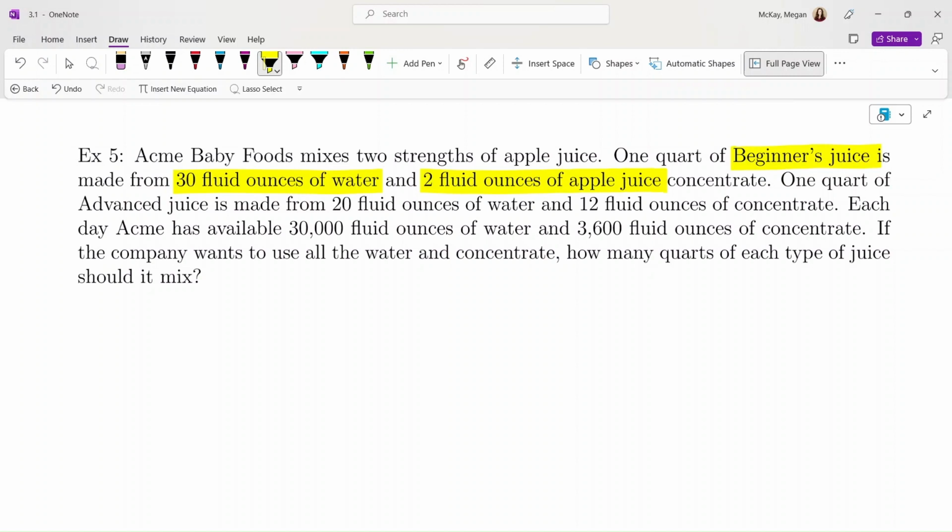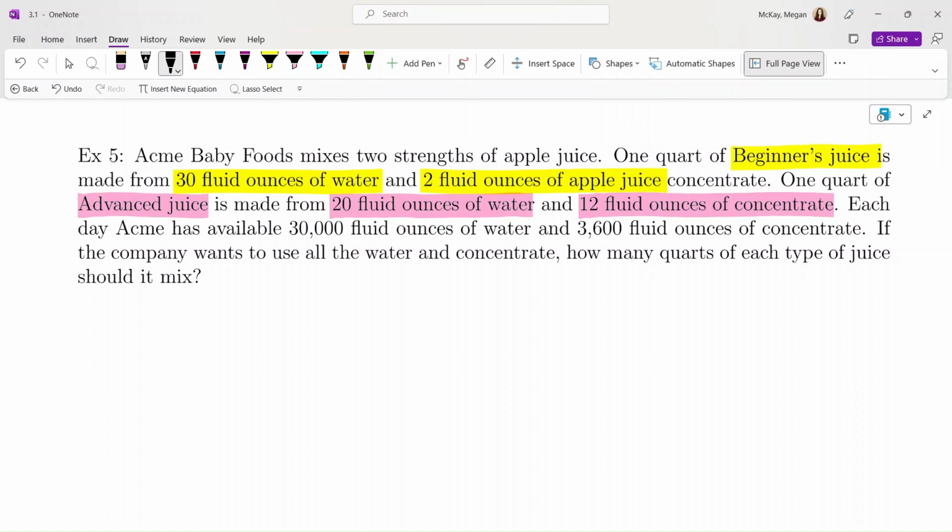And then 1 quart of advanced juice is made from 20 fluid ounces of water and 12 fluid ounces of concentrate. This also seems important, but I'm going to change my highlighter color since now we're talking about advanced juice. Alright, so advanced juice has 20 fluid ounces of water and 12 fluid ounces of concentrate. Each day, Acme has available 30,000 fluid ounces of water and 3,600 fluid ounces of concentrate.